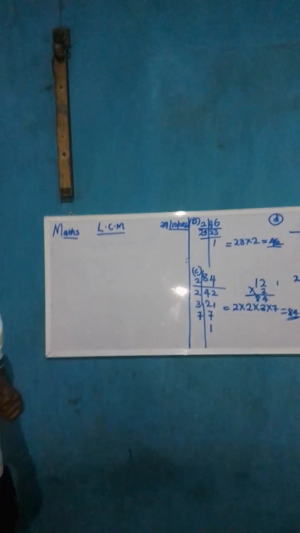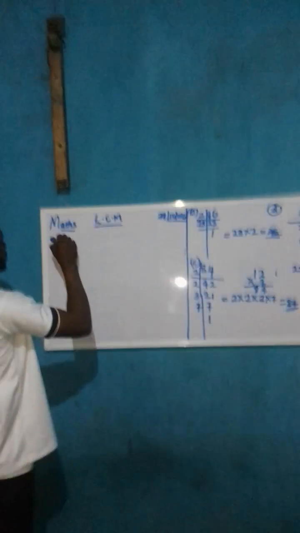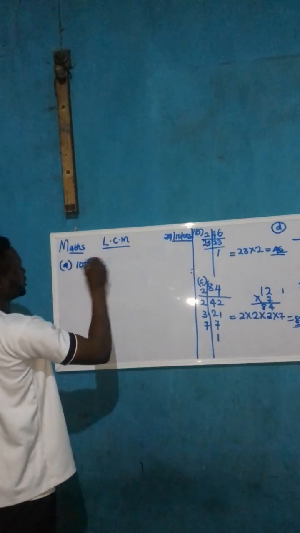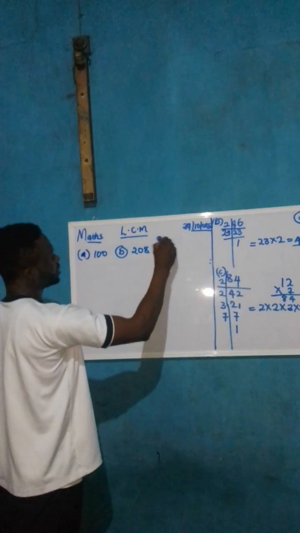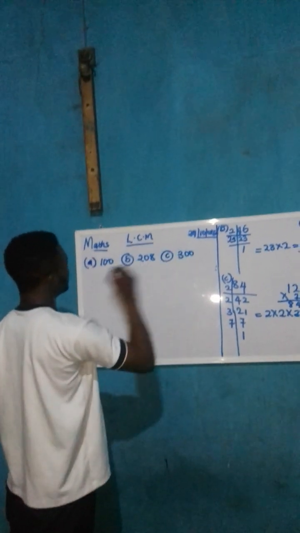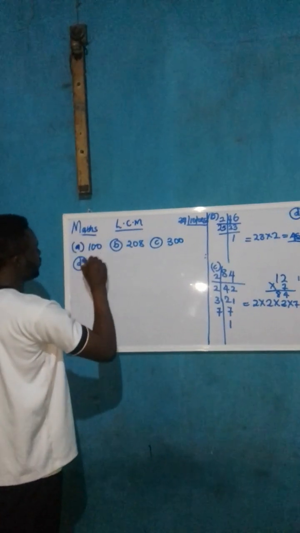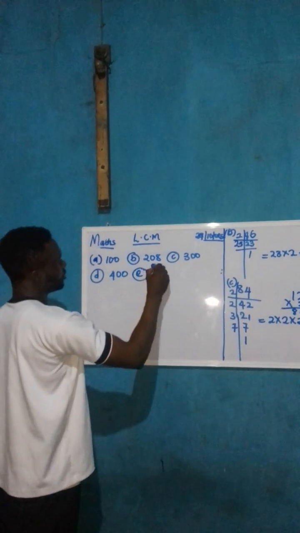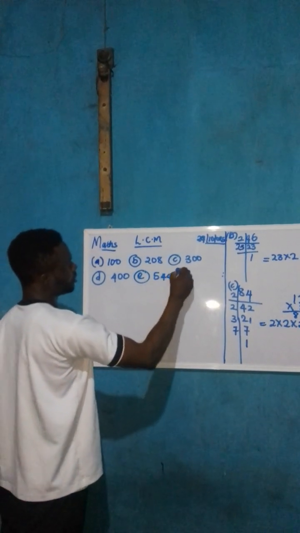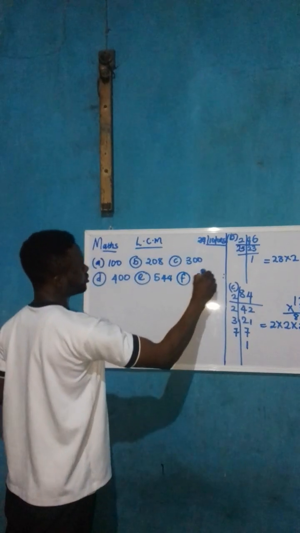So I wanted to find the LCM of the following: A, 100; B, 208; C, 300; D, 400; E, 544; F, 628.